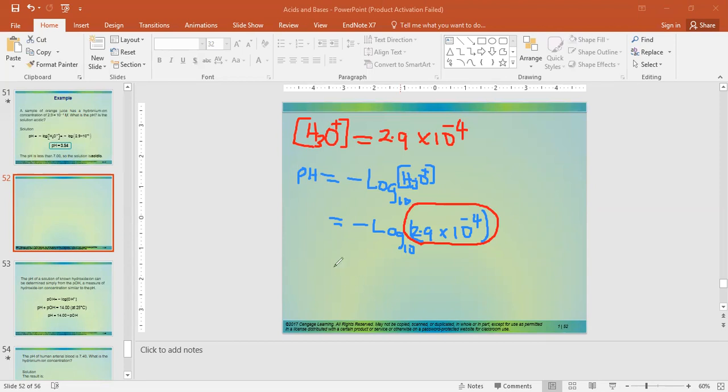So you can write this as negative log to base 10 of 2.9 plus negative log to base 10 of 10 to the power negative 4. Any questions so far?